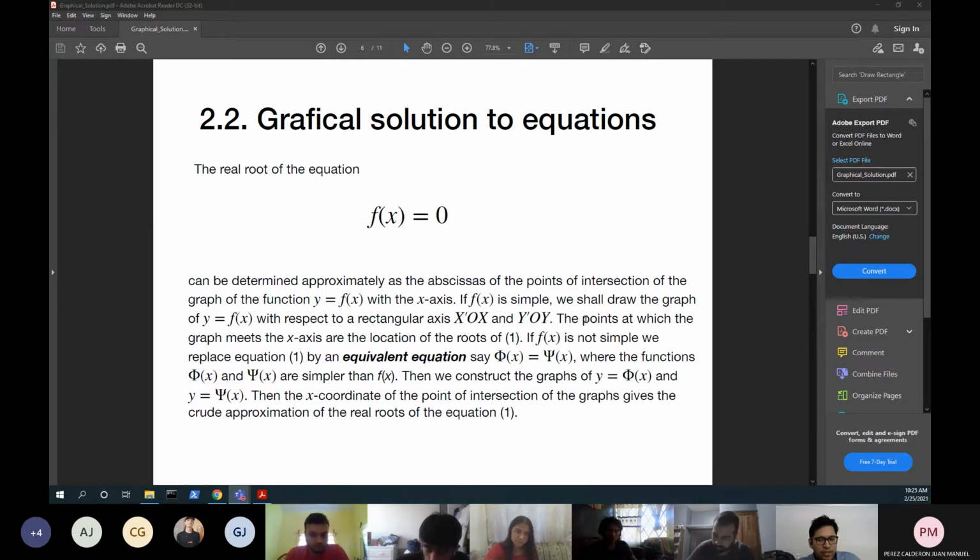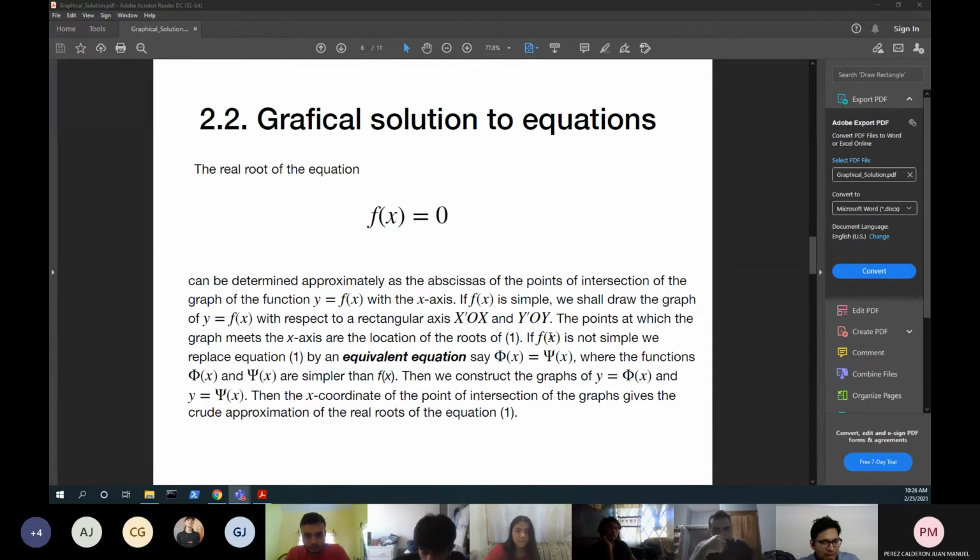The points at which the graph meets the x-axis are the location of the roots of the function f(x) equal to 0. However, there is an exception, especially for the transcendental functions.